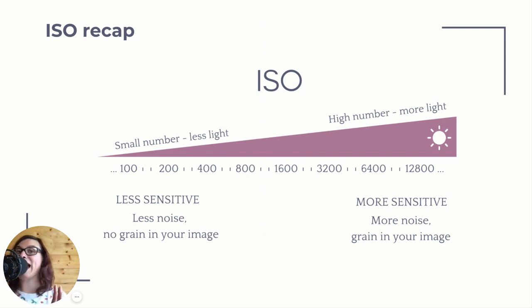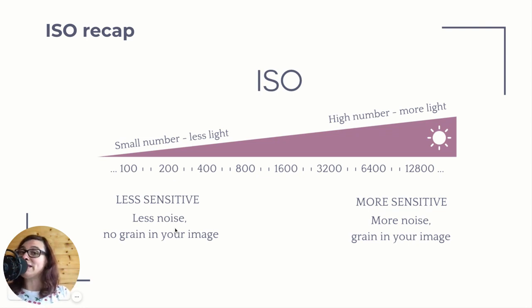So to recap the ISO, here is a little cheat sheet for you. ISO measures the sensitivity of the sensor to light. So how sensitive the sensor is to light. If we have a small number, the sensor is less sensitive to light, which means there's less light coming in.